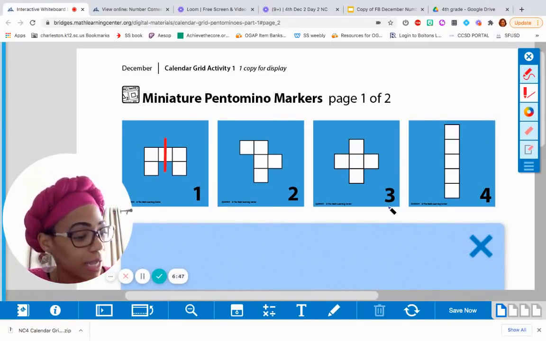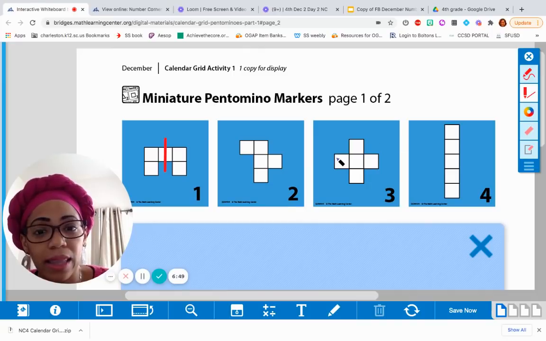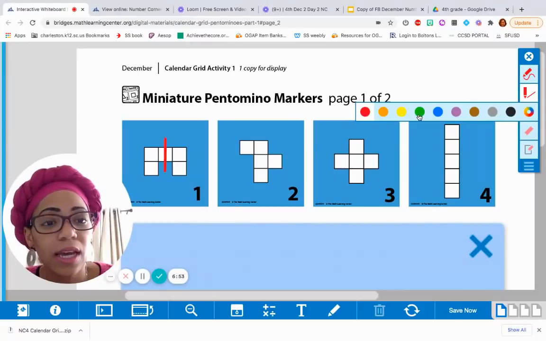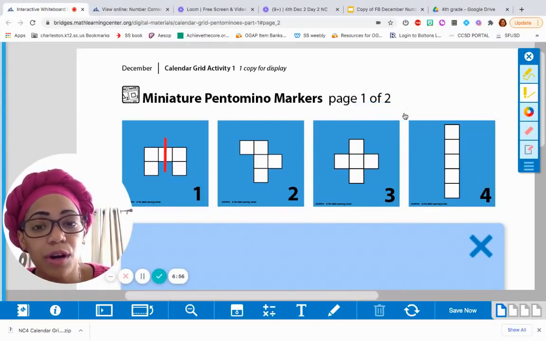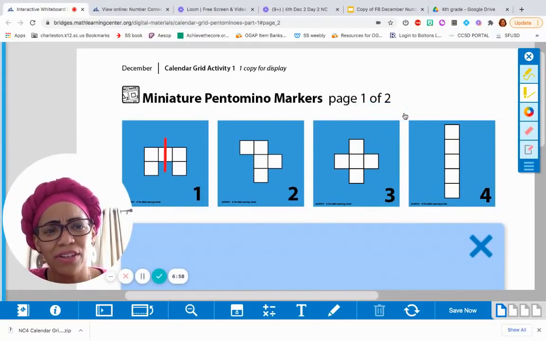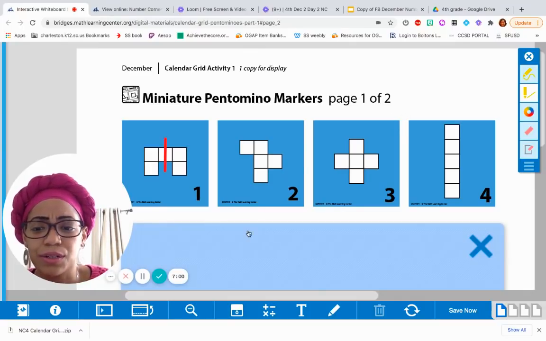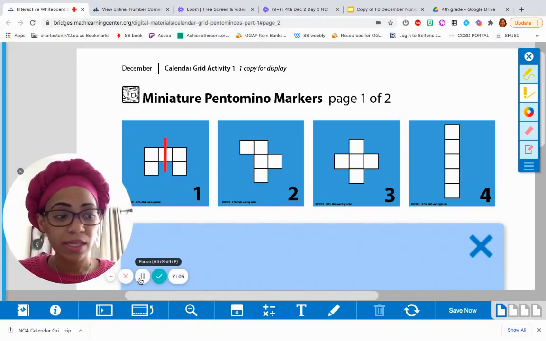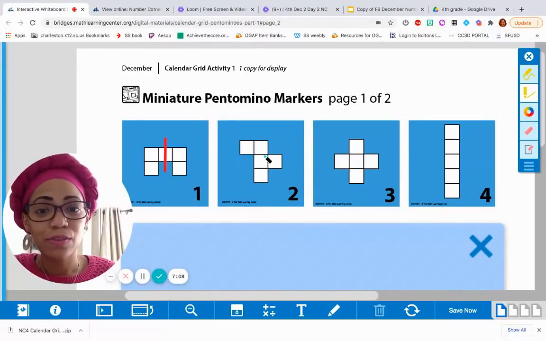All right, let's look at the second marker, and now we want to highlight the perpendicular side. So I'm going to choose a different color, and we're going to mark the perpendicular side. So I first need to ask you, what is perpendicular? Right, perpendicular is lines that intersect and form a right angle.